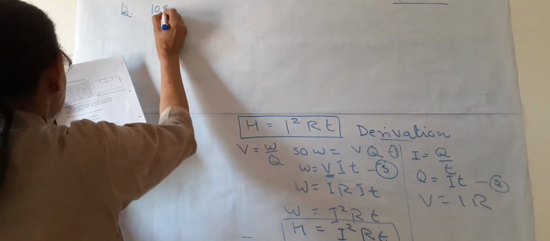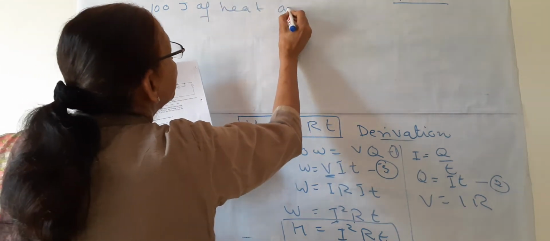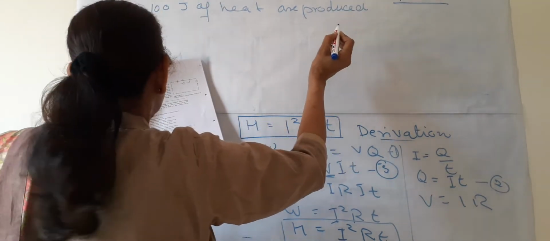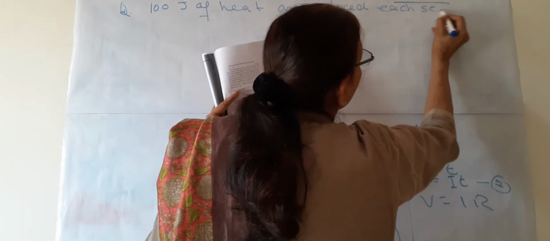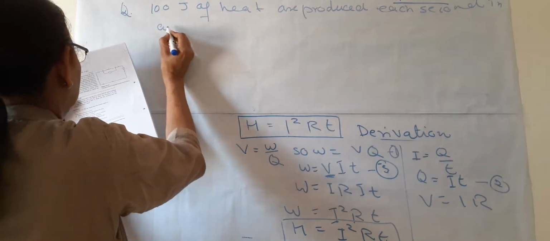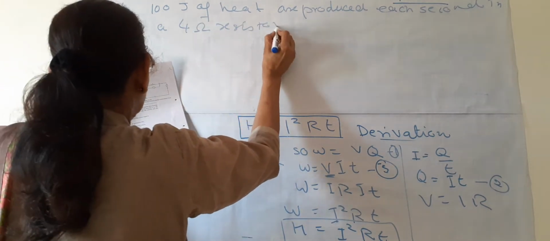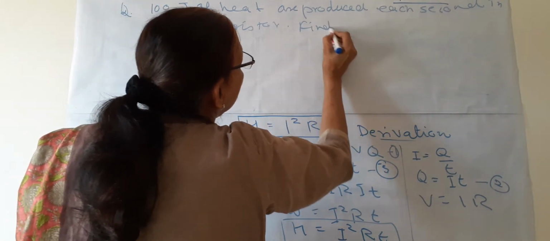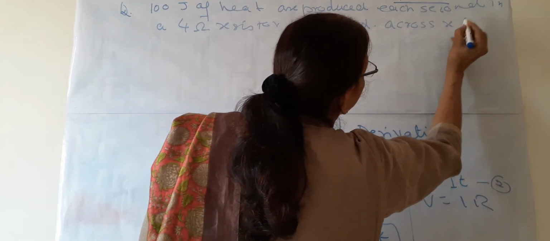Numerical: 100 joules of heat are produced each second in a 4 ohm resistor. Find the potential difference across the resistor.